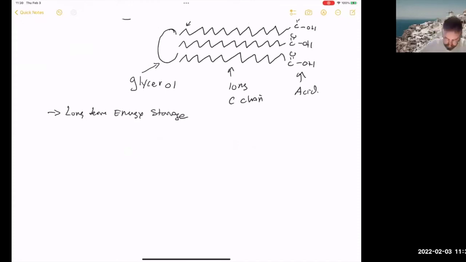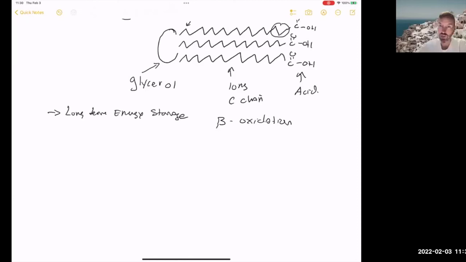Fats can actually be converted into fuel for your cells. There is a biochemical pathway in your body called beta oxidation. Essentially what beta oxidation does is it chops the long chains up into small chunks.